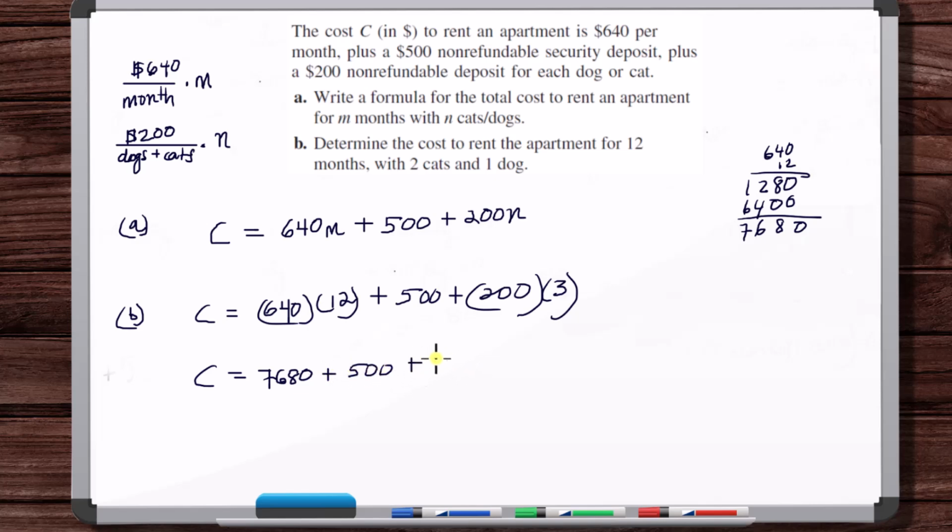Now 200 times 3 is 600. So 500 plus 600 is 1100. So the total cost is $8,780.